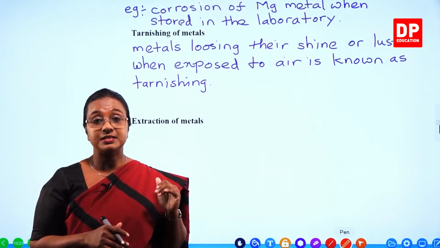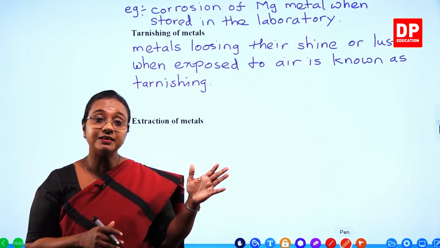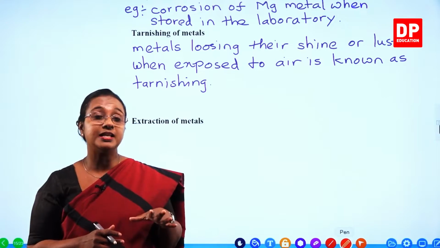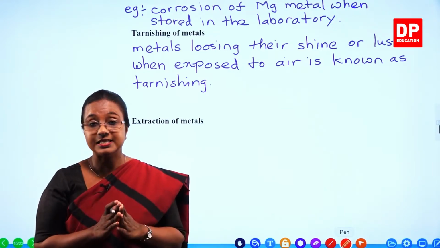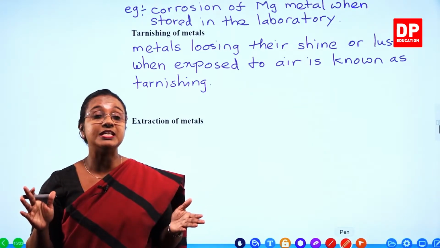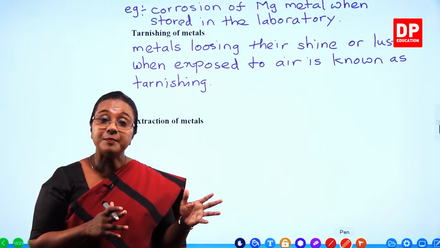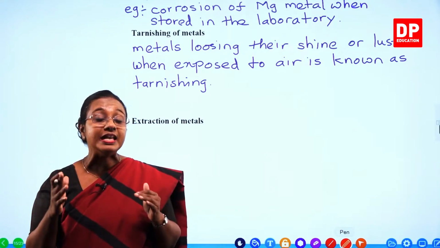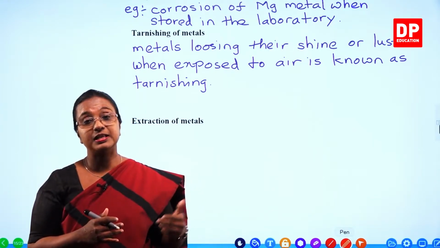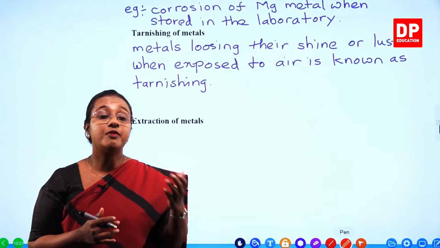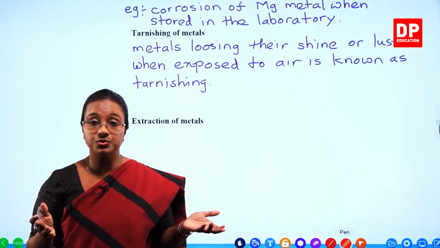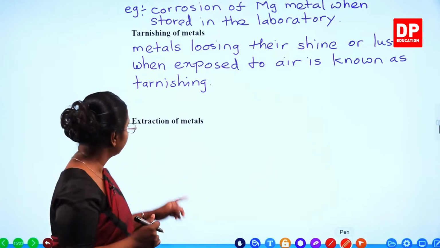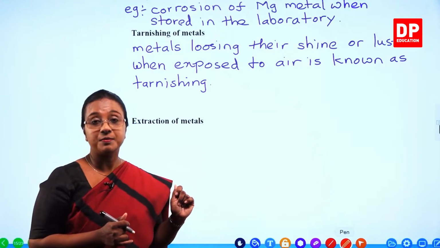But the other metals, metals that are highly reactive and the metals that are moderately reactive usually exist in the form of compounds in nature. So normally they are present in their ores or in the form of compounds. We need to separate that metal in the metal form from those compounds and ores. So that process is what we call as extraction of metals.